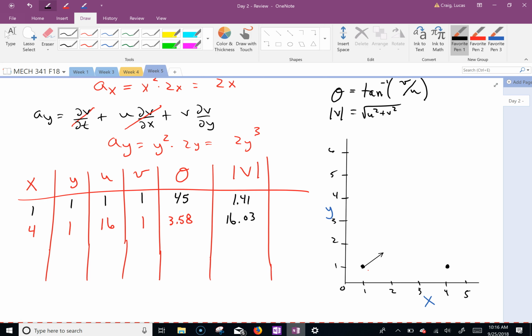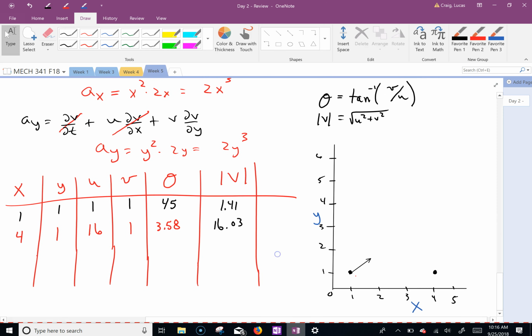So that should be at 4.1. And the angle. Can you check the angle for me? Just make sure I did that one right. That's right? Okay.